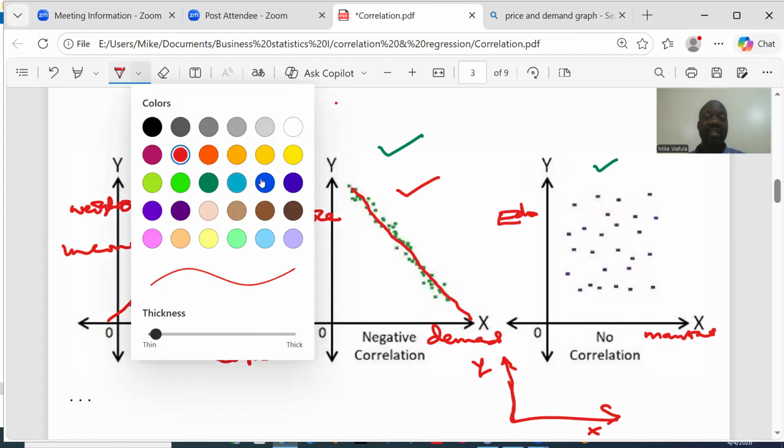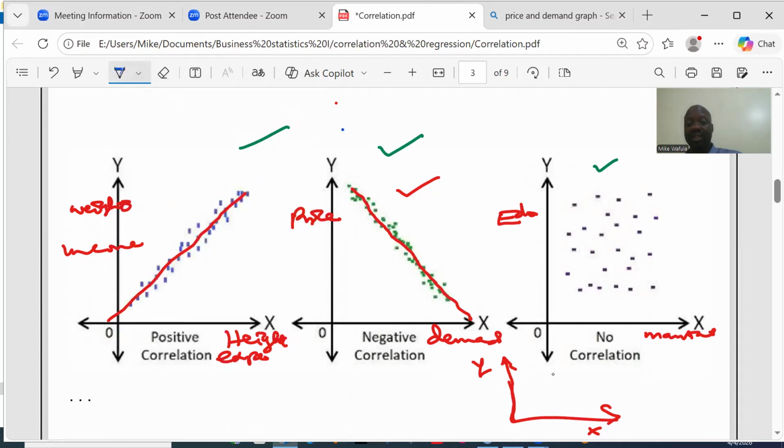That is also possible. You can have even a curve like this, so that you have data all through. In such a scenario, we talk of a non-linear relationship, although that is not the essence of our discussion today. Today we are assuming that the relationship that exists is linear.